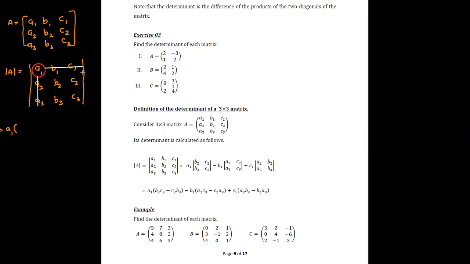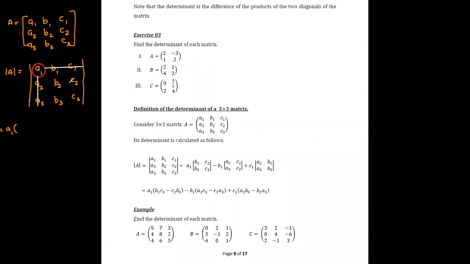Therefore, we cut off the first row and first column. Then the remaining quantity is again a 2 by 2 matrix. Here we can see it as B2, C2, B3 and C3.